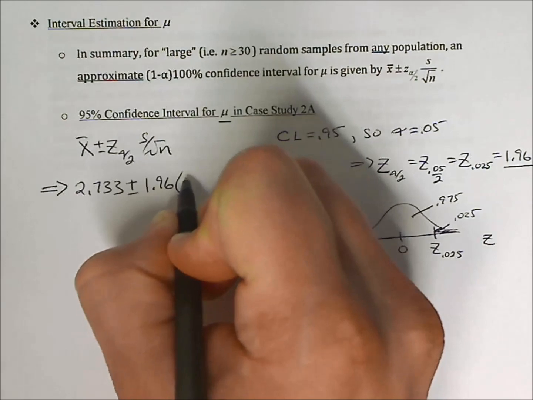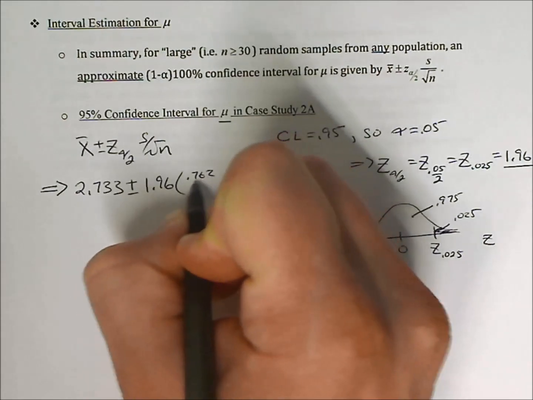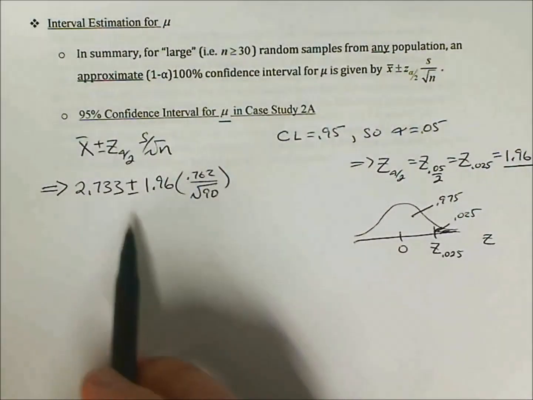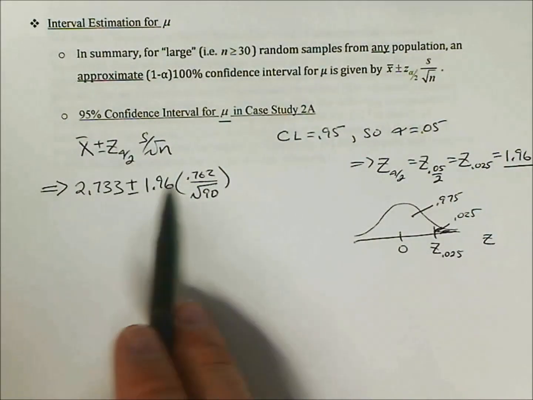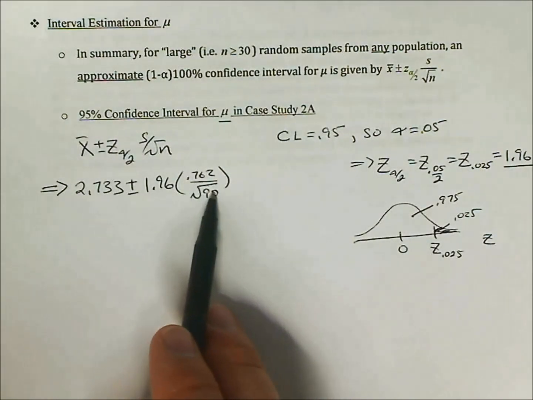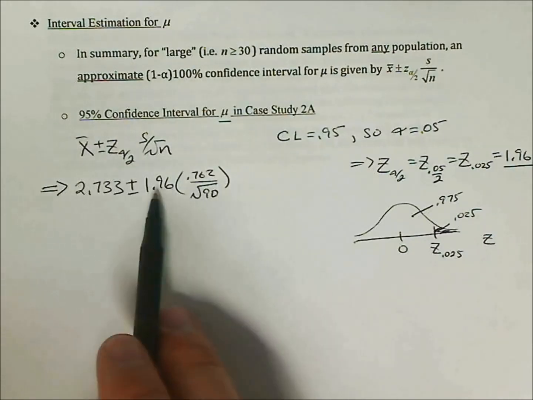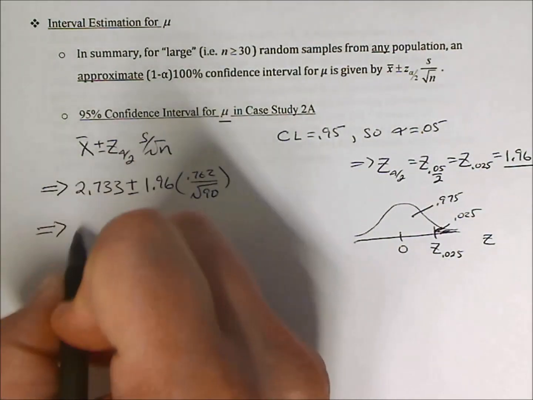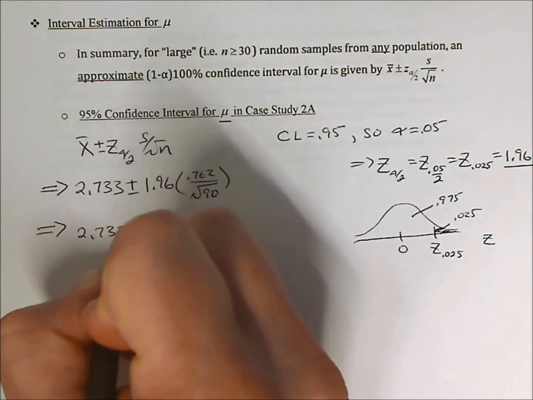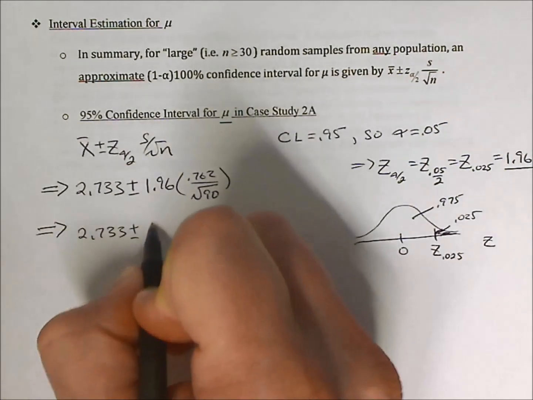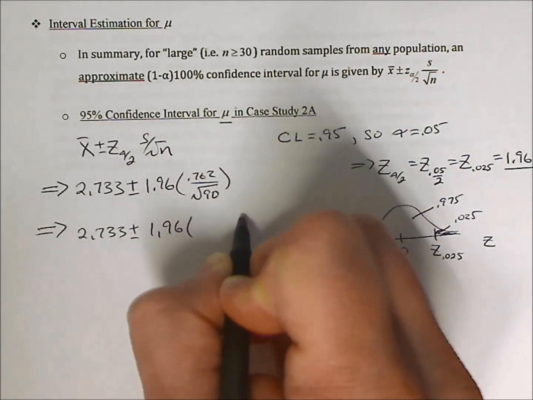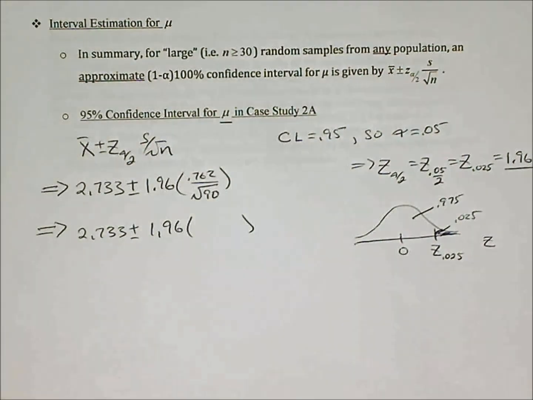So I've got my z percentile, 1.96, times s, here 0.762, divided by the square root of 90. These three things, x bar, s, and n, are all determined by the sample. And then this is determined by the confidence level. So we take our point estimate, 2.733 plus or minus 1.96 times that. And if you take that product there, what do we get?